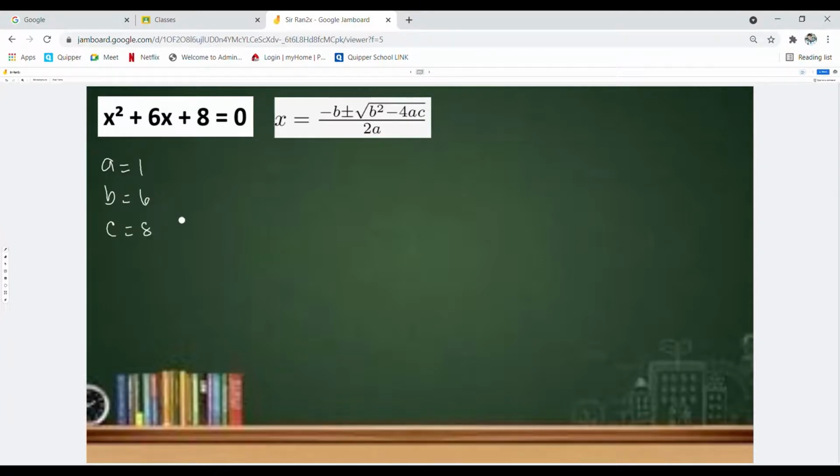These are the numbers that you are going to plug into our formula. So x equals negative b, so it will remain negative because of the negative sign of b.